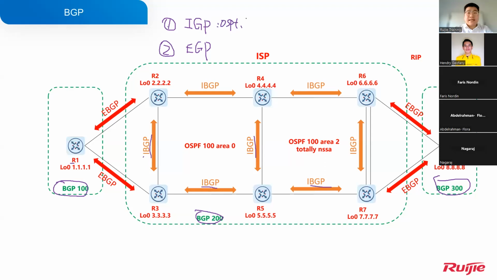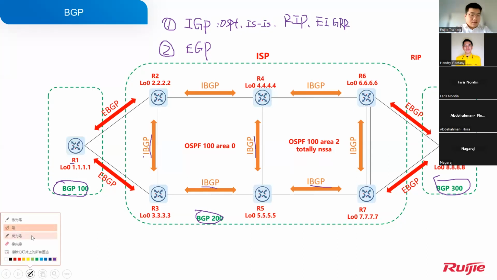For example, OSPF, ISIS, and RIP, and maybe EIGRP. These protocols are IGP.